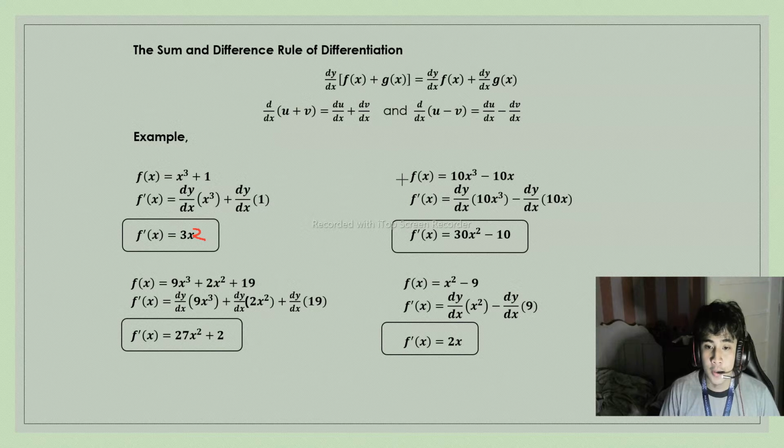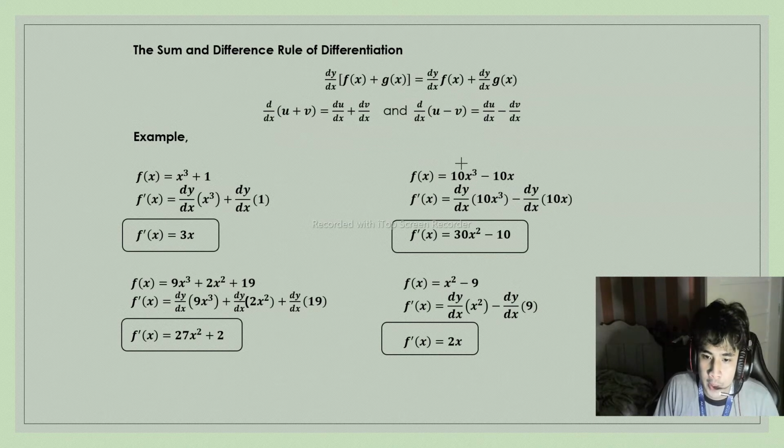The next example, then f of x is equal to 10x cubed minus 10x. So, ganun ulit. I-find ulit natin yung derivative ng bawat term, whether it is on addition or subtraction.